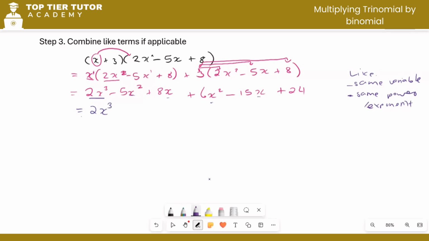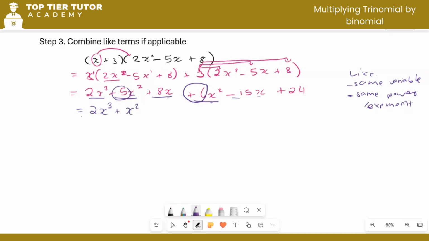Now we do have x to the power of 2 and x to the power of 2 here. Those are like terms. They have the same variable to the same power, and we're going to add the coefficients. So we have a negative 5 plus a positive 6 giving us 1. You can choose to write the 1, or you can choose not to write the 1 and just have it as x squared.